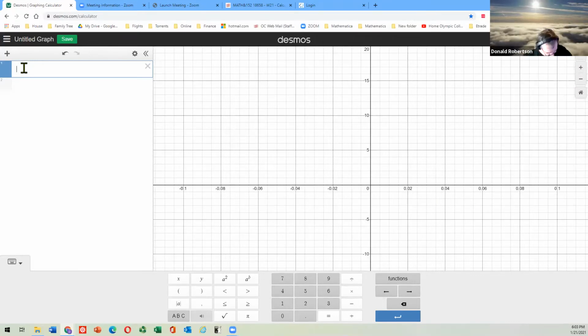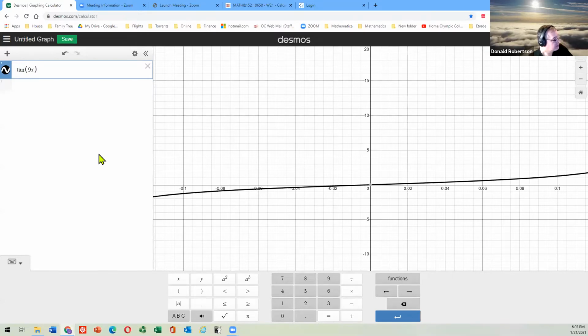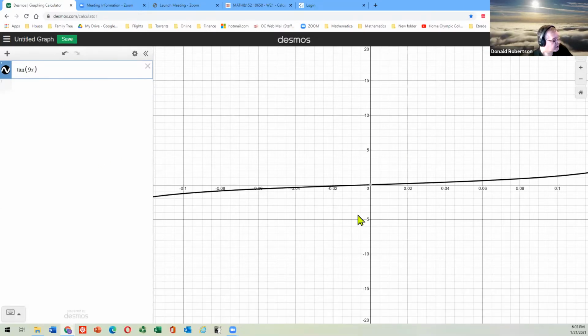Now I'm going to type in the first function, which is the tan of 9x. It looks to me like I may have to fix the y values, but I can do that in a minute.